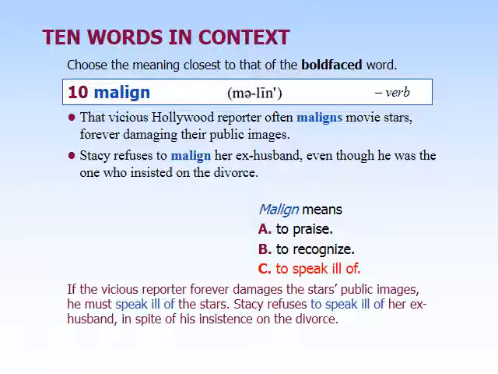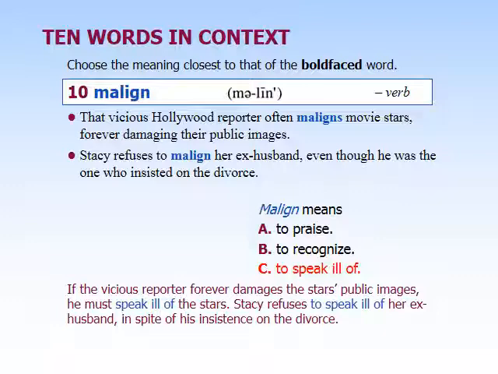To malign means to speak about someone in a spiteful, critical manner. So in the first example, it's saying this reporter maligns the movie stars, right? Says bad things about them that are going to hurt them with other people.